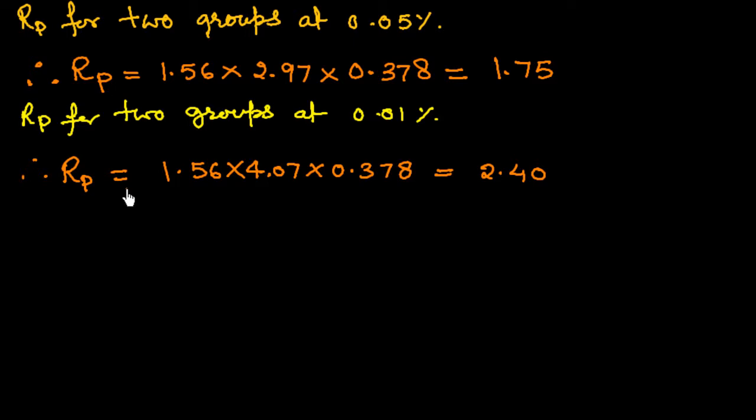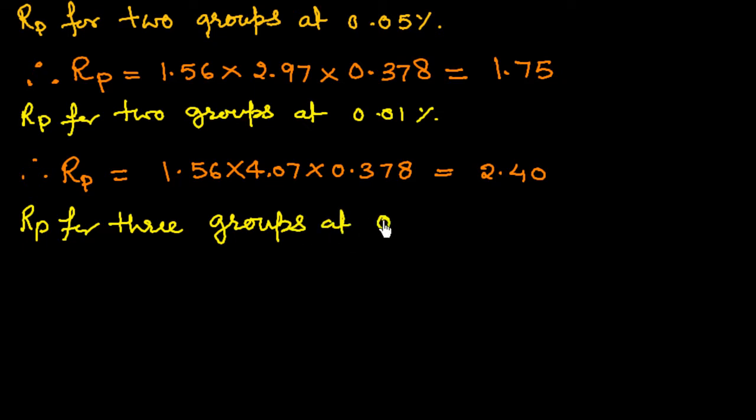Now RP for three groups at 5%. So we see what happens.